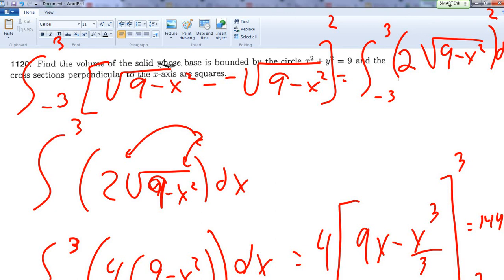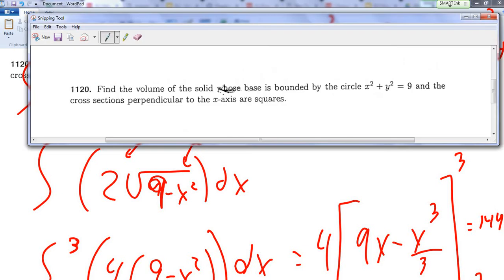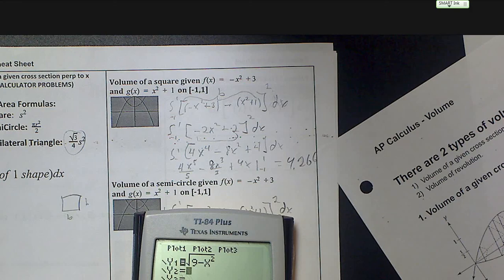Plug in square root of 9 minus x squared in your calculator, into Y1. Negative square root of 9 minus x squared. So there's Y1 and Y2.